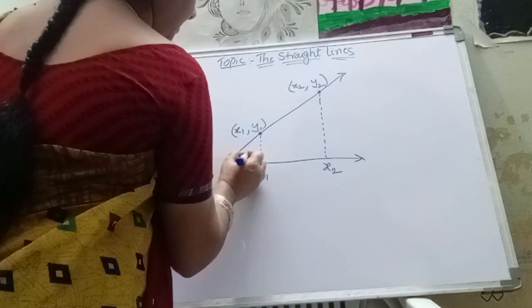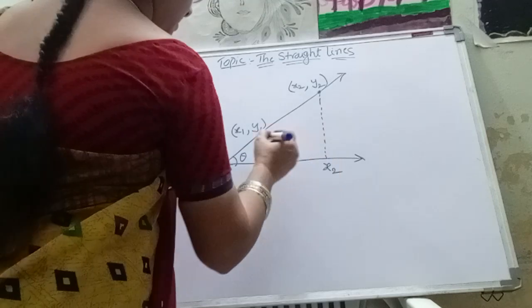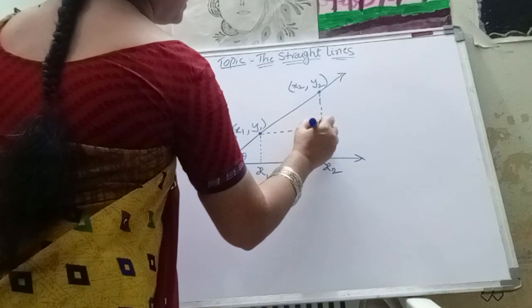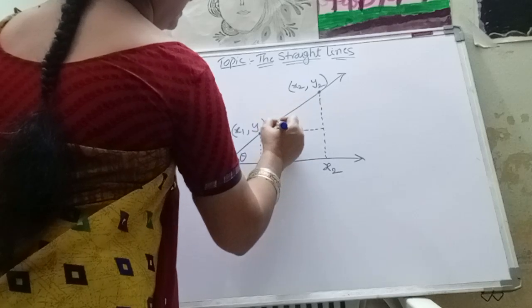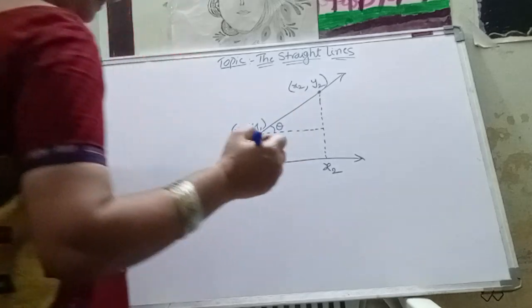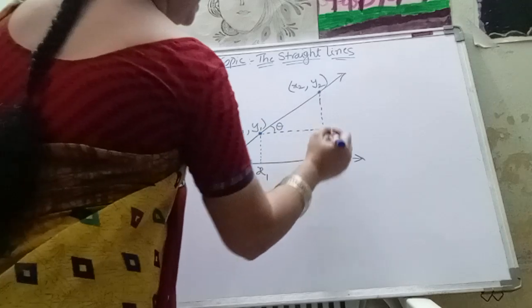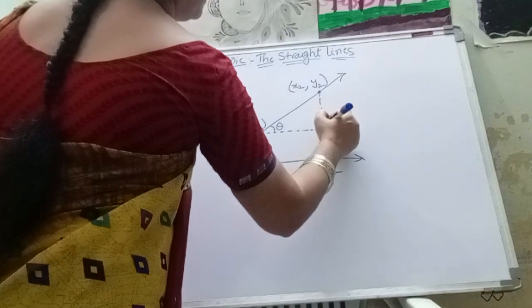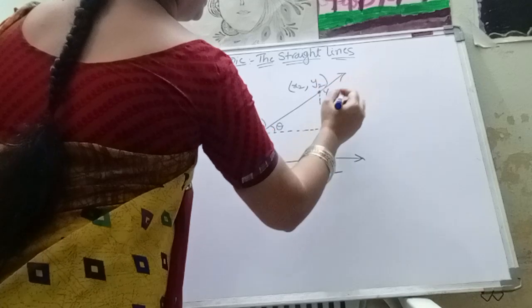This is a general theta, and this is again theta. From here to here it is y1, from here to here it is y2.